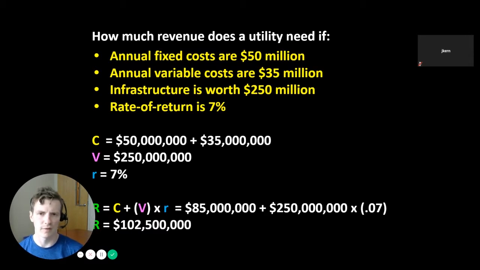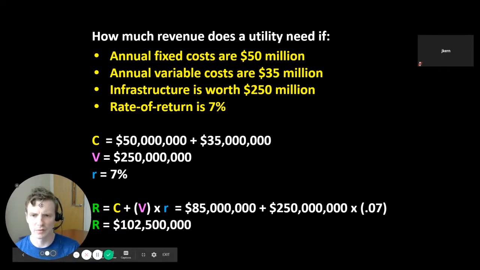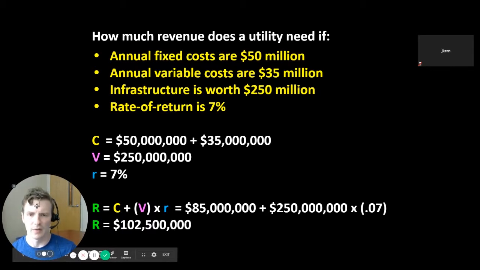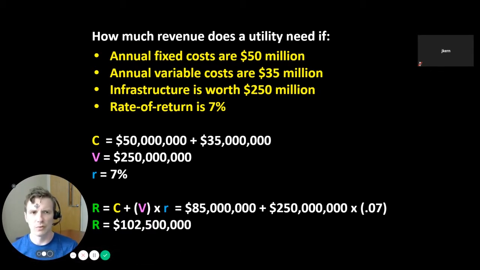And little r is 7%. That's the rate of return or profit margin that shareholders are allowed to make based on their initial investment in infrastructure. So here we can calculate R as C plus V times r, little r, and that gives us target revenues of $102,500,000.